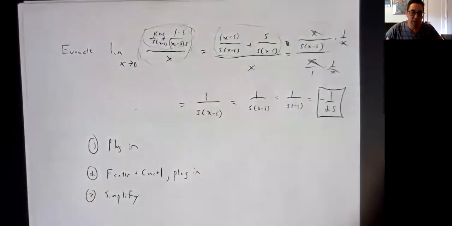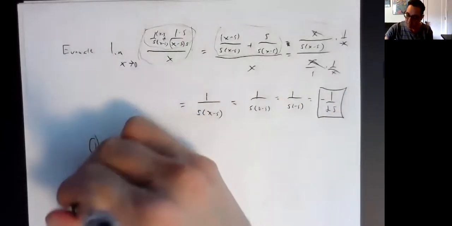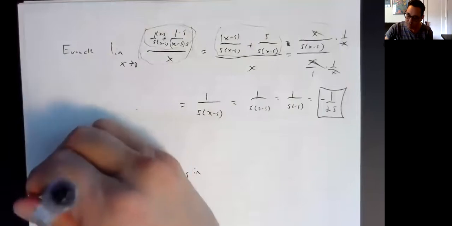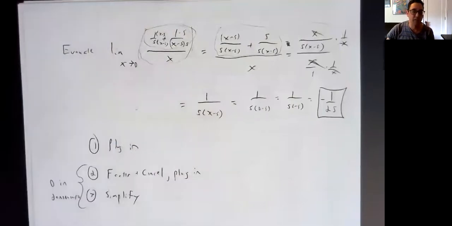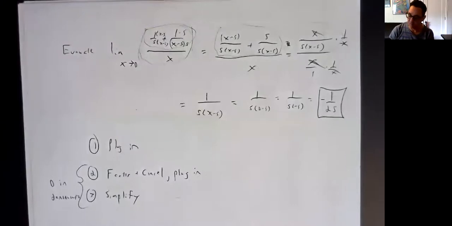These last 2 are the ones you do if you get a 0 in the denominator. And if these 2 still don't work, actually they should on your homework, but in this case, if they don't, you'd at this point just say that the limit doesn't exist.